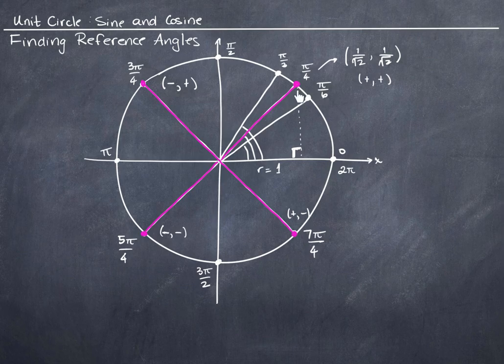So hopefully this will help you remember or visualize the kind of triangle we're looking at here. We had said that the radius of the circle was 1, so therefore the hypotenuse of our triangle is 1. And then we said, well, x and y have the same coordinates here, so that gave us not just x squared plus y squared equals r squared, but x squared plus x squared equals r squared. And we found these coordinates from that process.